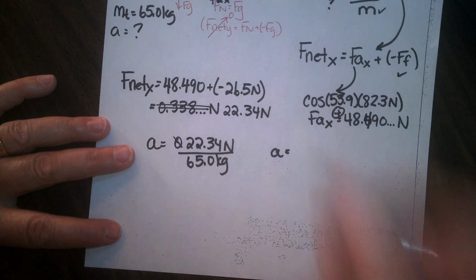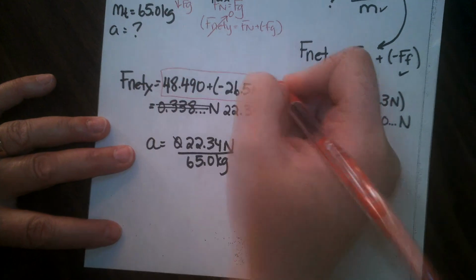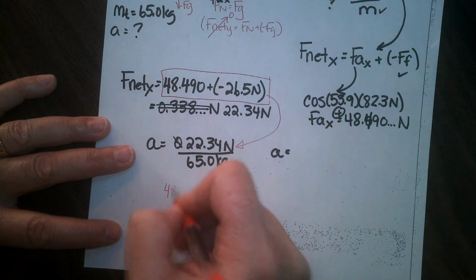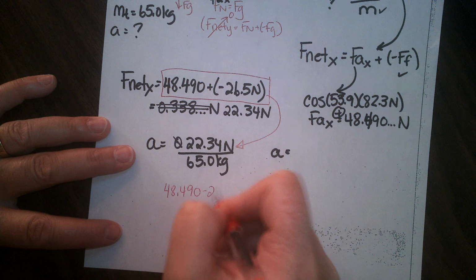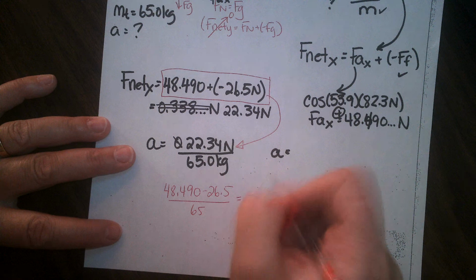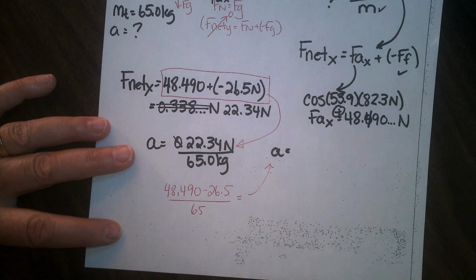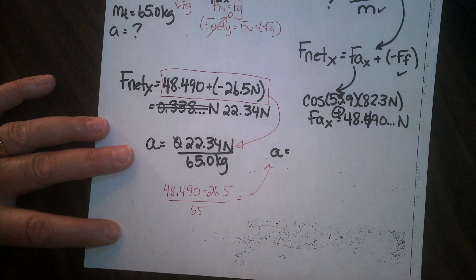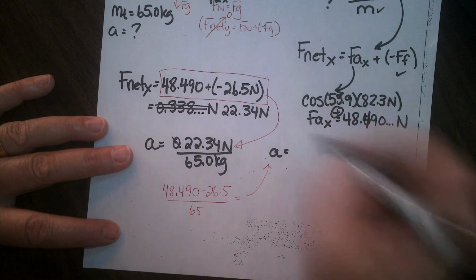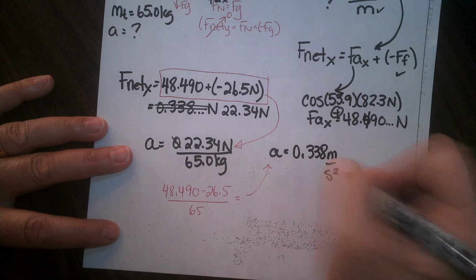Yeah, so what happens is in the notes, it takes this particular line right here and puts it in this spot here and writes it out as 48.490 minus 26.5 divided by 65. And then that gives you, I just broke it down a little bit more. If you're comfortable with eliminating steps, that's huge. That shows brain growth. And then this answer here is 0.338 meters per second squared.